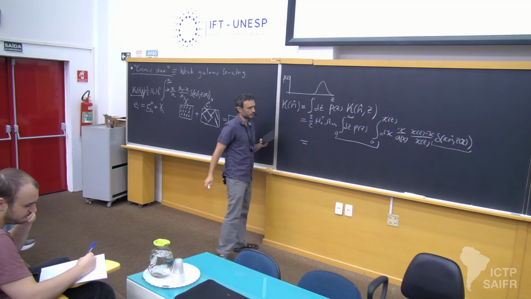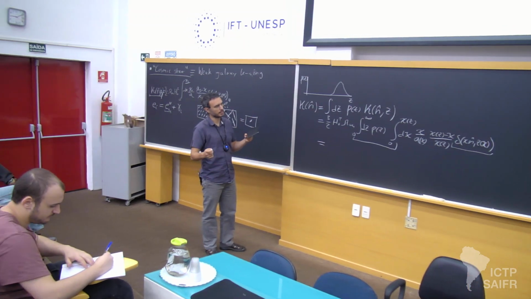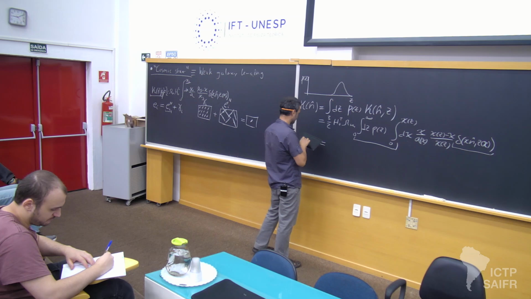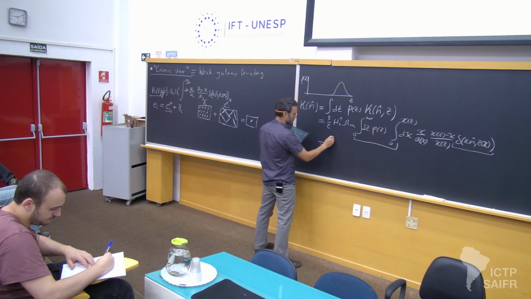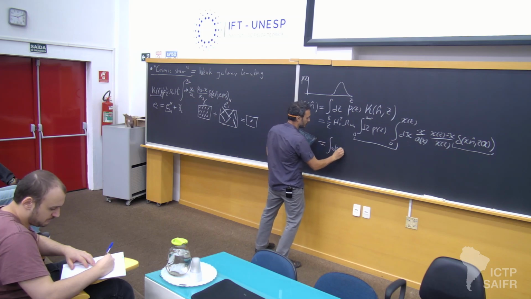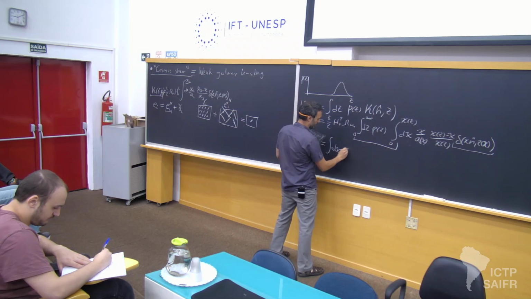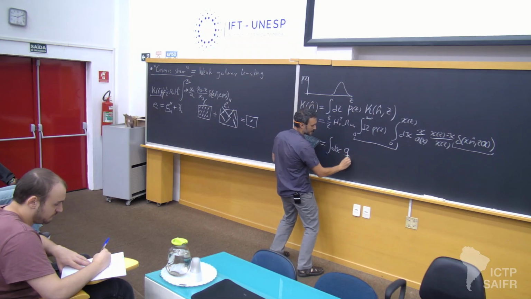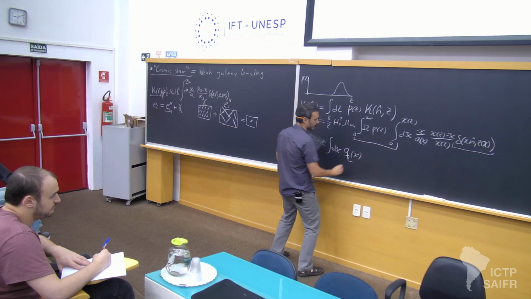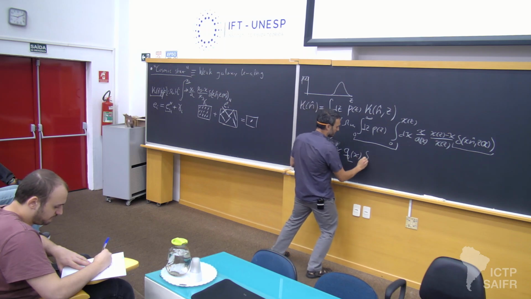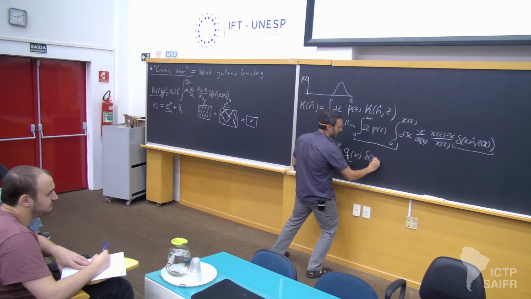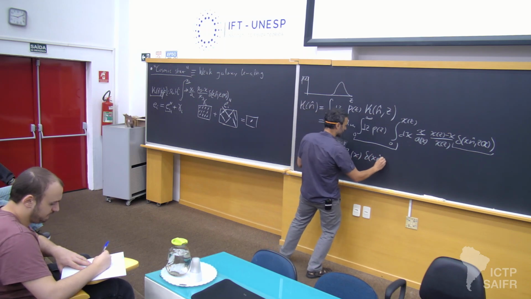If you change that order of integration, you get a simpler integral, which looks like this. It's an integral along the line of sight of a radial kernel that I'm going to call the lensing kernel times the overdensity field, delta n, comma z of chi.